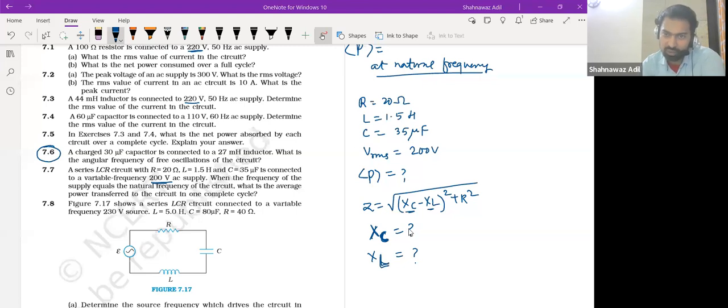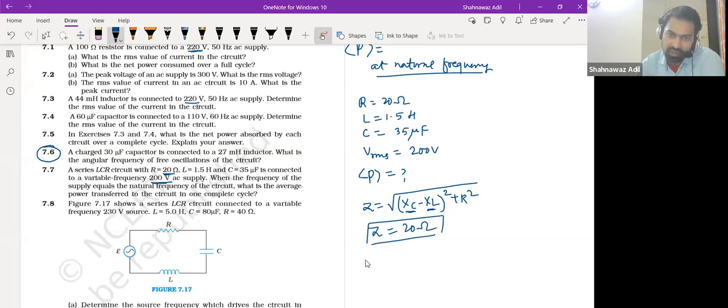Oh, good. So, yes, yes. So 20, right? Good, because at natural frequency, this is 0, right? So your Z is R. That is why I wondered how you got impedance. Yeah, so Z would be impedance, right?